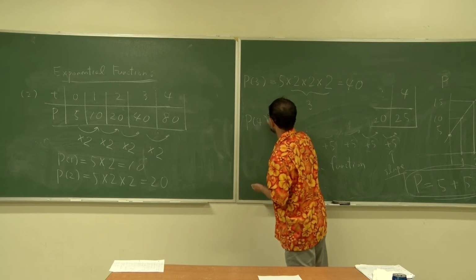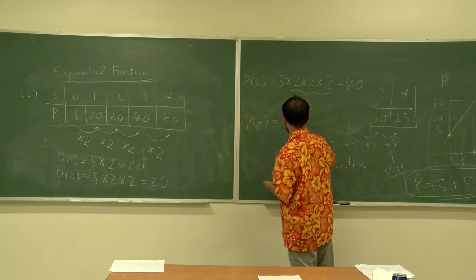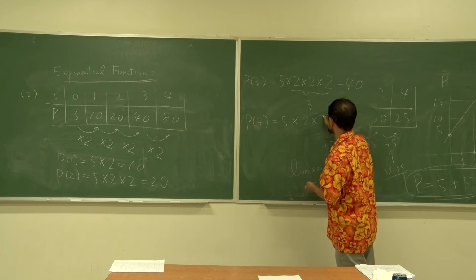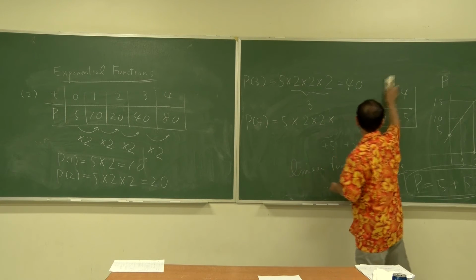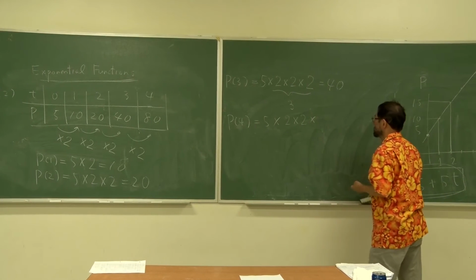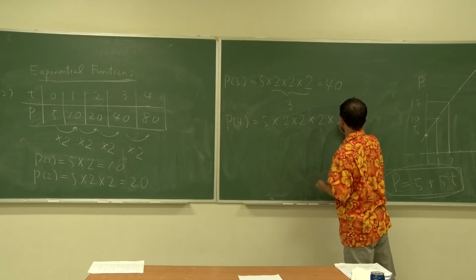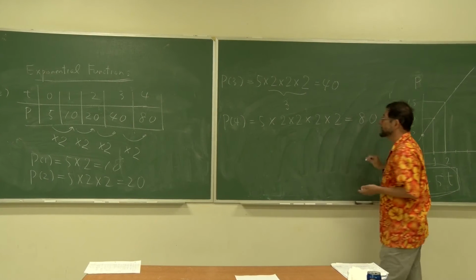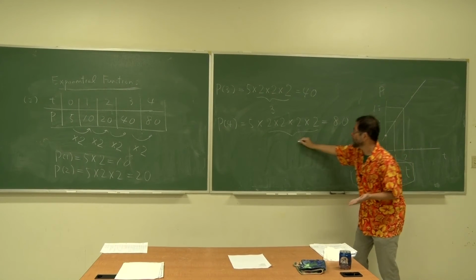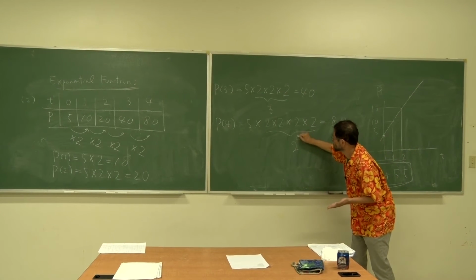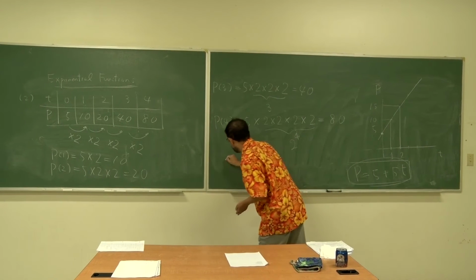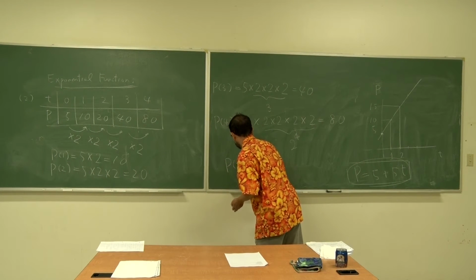P4, finally, 5 times, you have to multiply 2 four times. Then you get 80. And of course, instead of writing this, we usually write using the exponent.